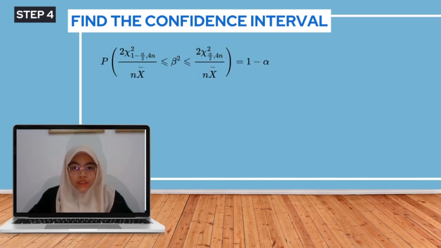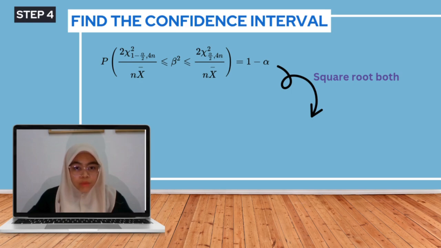Since the question needs the confidence interval for beta only, we need to take the square root of all of them to get only beta.